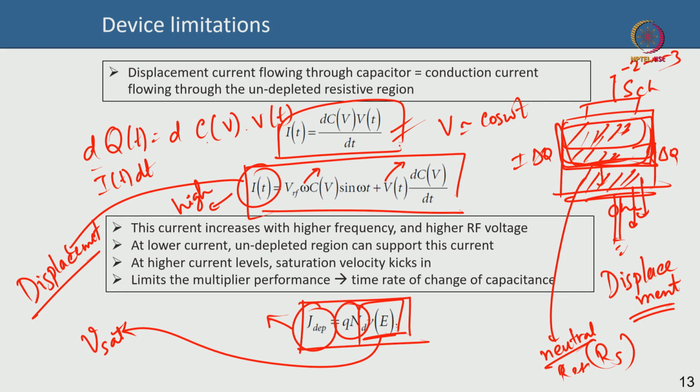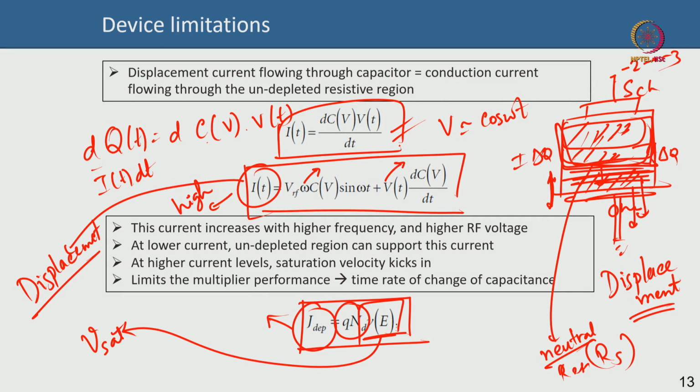Why? Because the charge at the undepleted region, the delta plus minus Q that you are flushing in or out, will take a finite time to travel to or from the ground terminal, and so the time rate of change of capacitance could not be as fast as you want it to be.